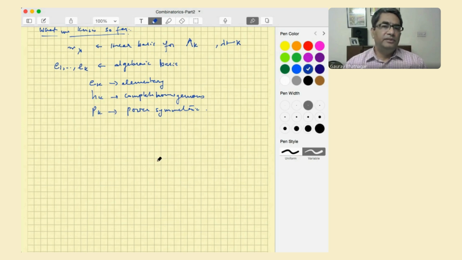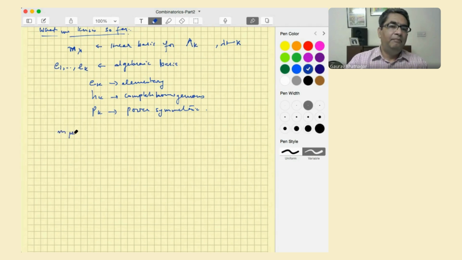So these are by no means the end of the world in symmetric functions. There are many bases, and depending on the context, different ones are used and they appear.